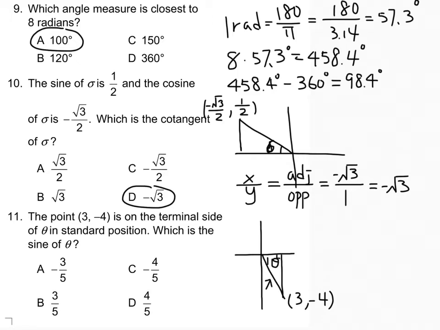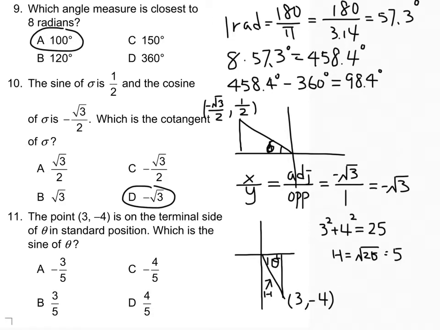Because it's a right angle, I can use a squared plus b squared equals c squared, the Pythagorean theorem, of course. So my hypotenuse is going to be the square root of 25, which is 5. If you remember your Pythagorean triples, 3, 4, 5, this should come very easily.